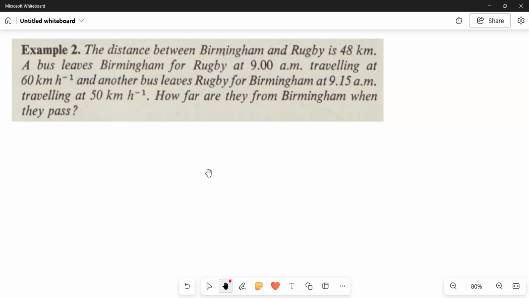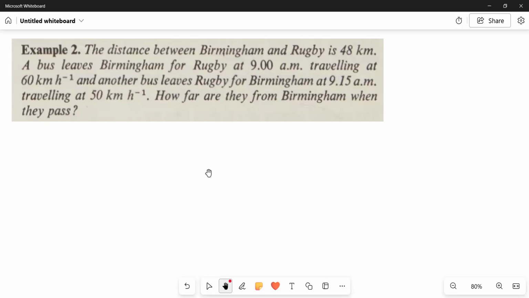So one bus is coming from Birmingham. It leaves at 9 a.m. It's traveling at 60 km per hour. And another bus a little later leaves Rugby at 9:15, and it's going towards Birmingham instead, right?